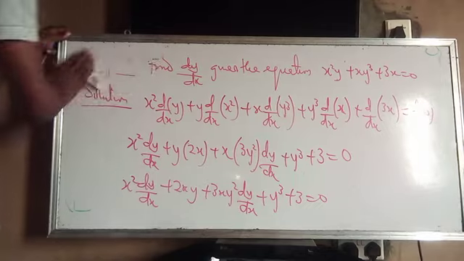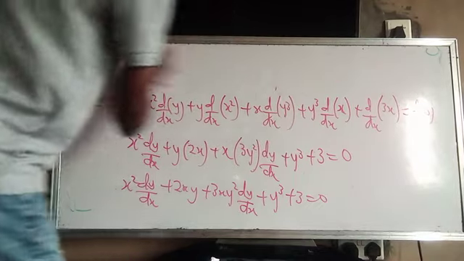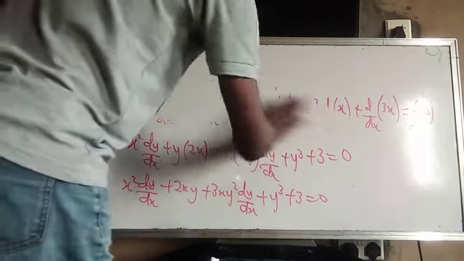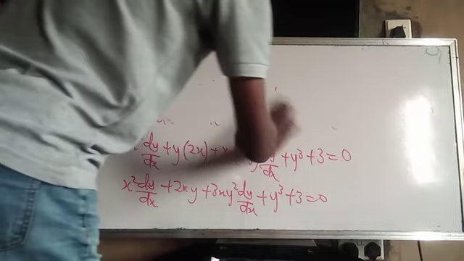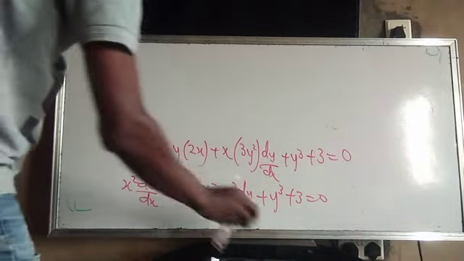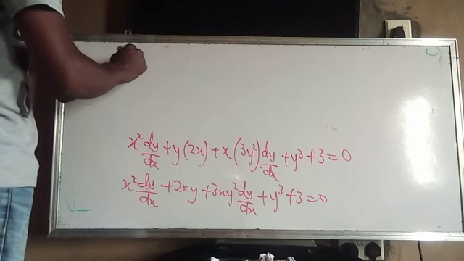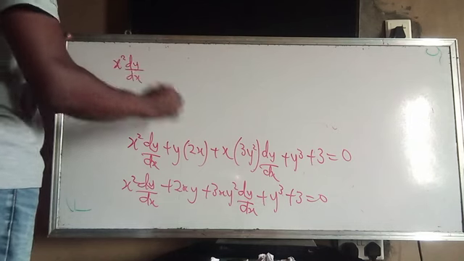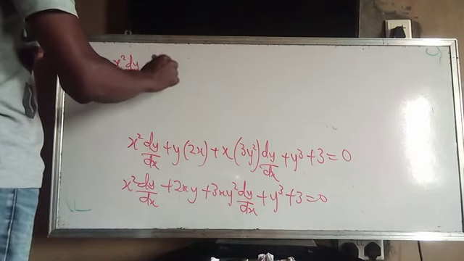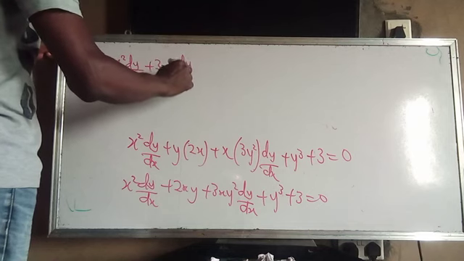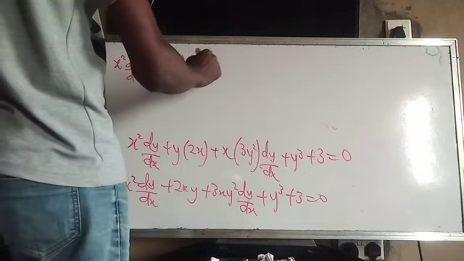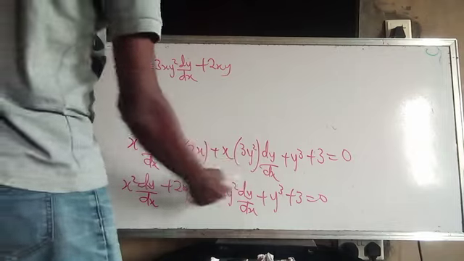Okay. Now, what next we do? We collect like terms. Okay. So without wasting our time, we collect like terms. All right. x squared dy/dx plus 3xy squared dy/dx. No other values of dy/dx. So we are through with the one that has dy/dx.